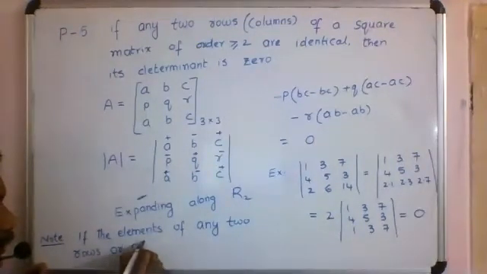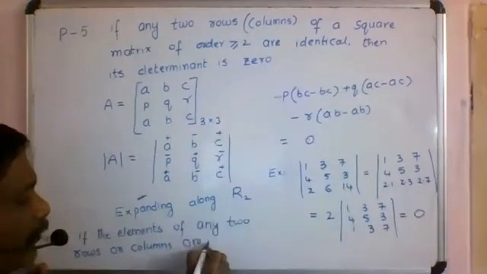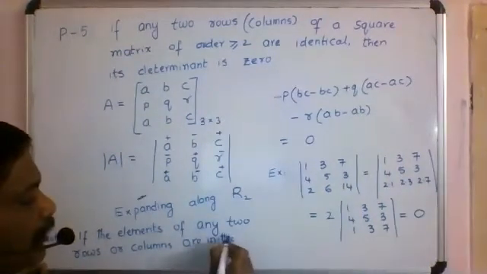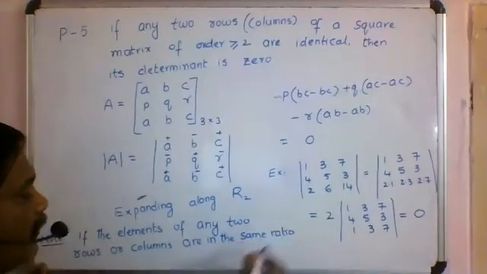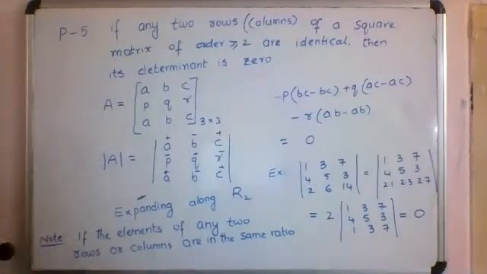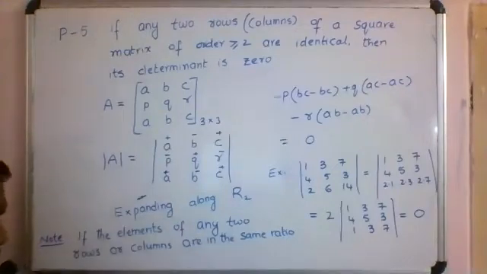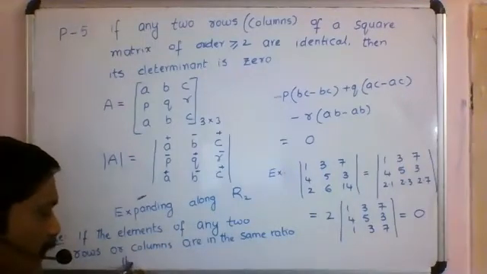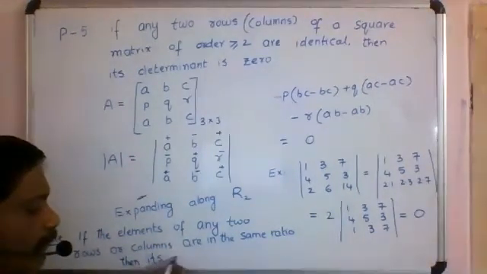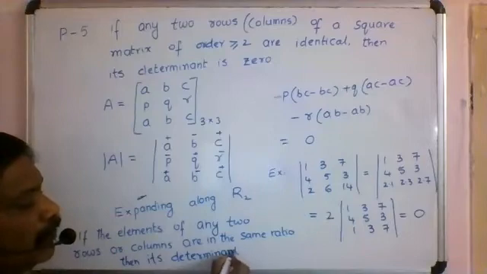If the elements of any two rows or columns of a square matrix are in the same ratio, then its determinant is 0.